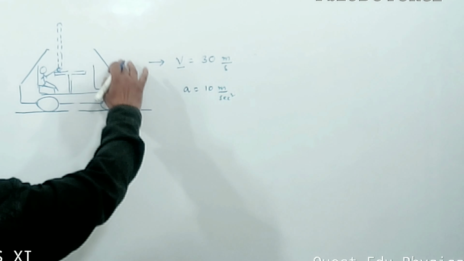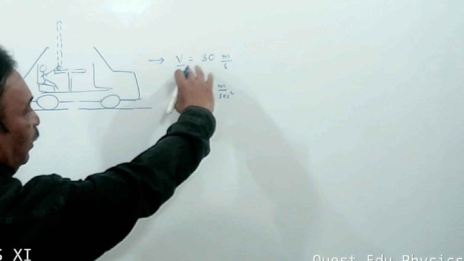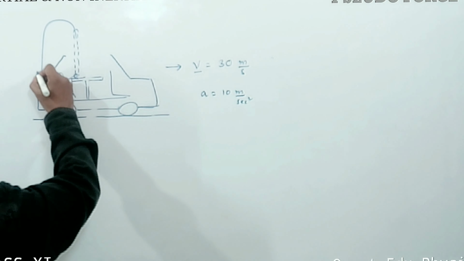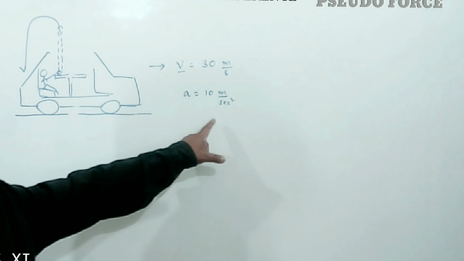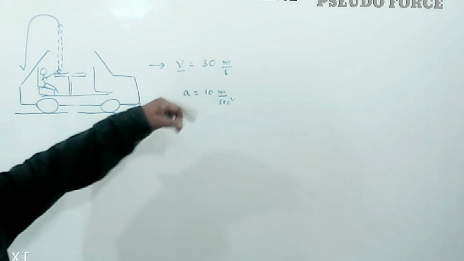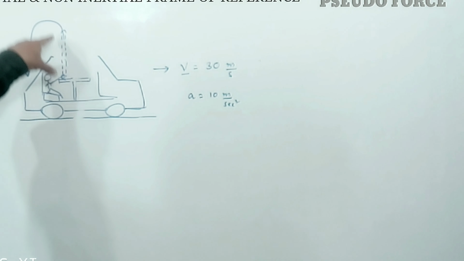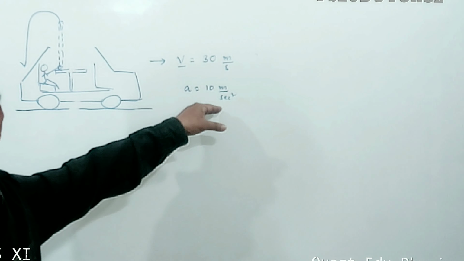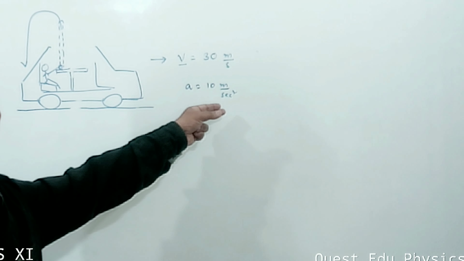It comes along with the 30 meters, but it is falling behind a distance of 10 meters. That's why the ball will fall backwards. Understanding, students? When it is accelerating, when you throw the body up, it has a speed of 30 meters per second, but it is accelerating at a rate of 10 meters per second square.